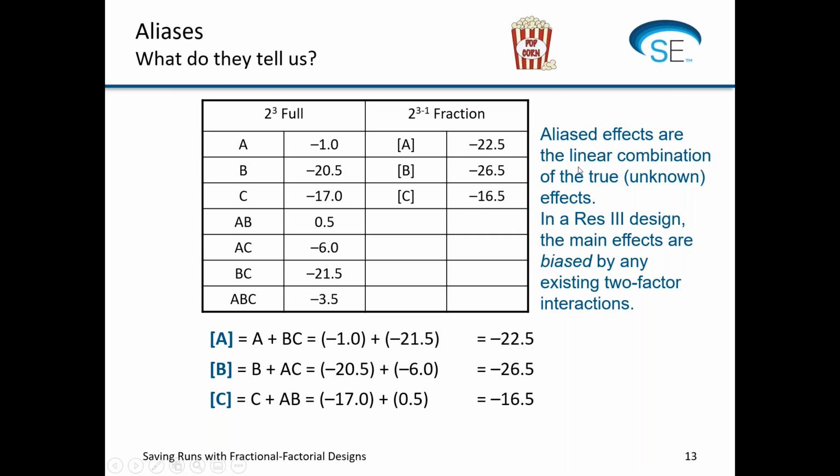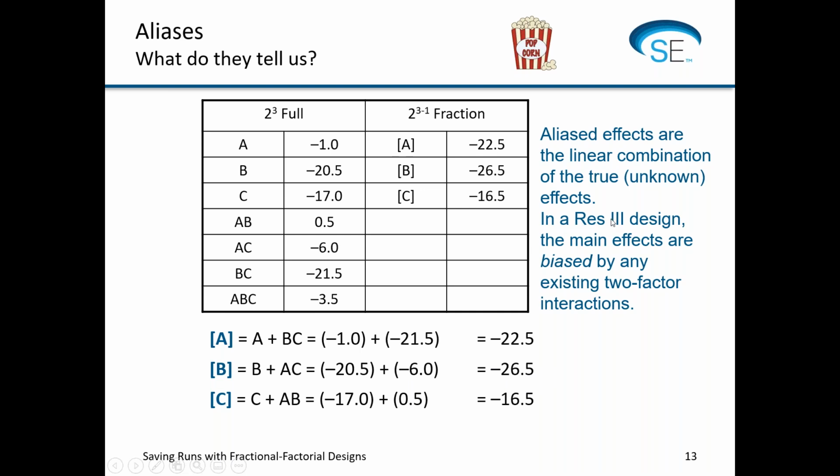Aliased effects are linear combinations of the true but generally unknown effects. So it's the linear combination of them. It's not one or the other. It is the combined effect of everything that's aliased together. When we look at the B effect, it's the true B plus the true AC, so that's minus 20.5 and a -6 combined, they're a minus 26.5.